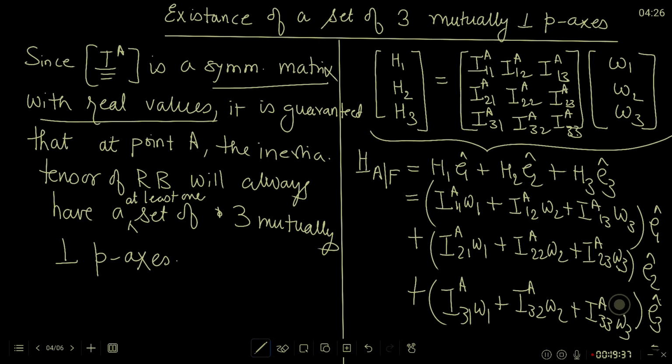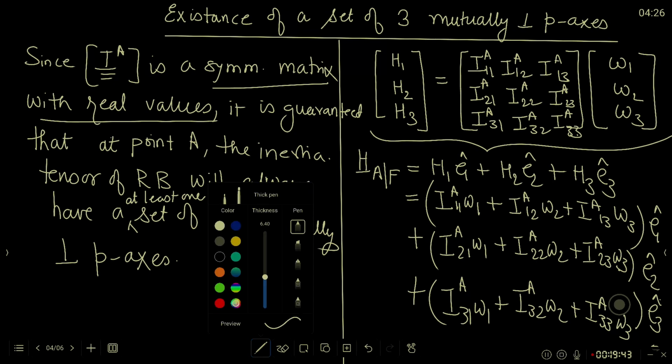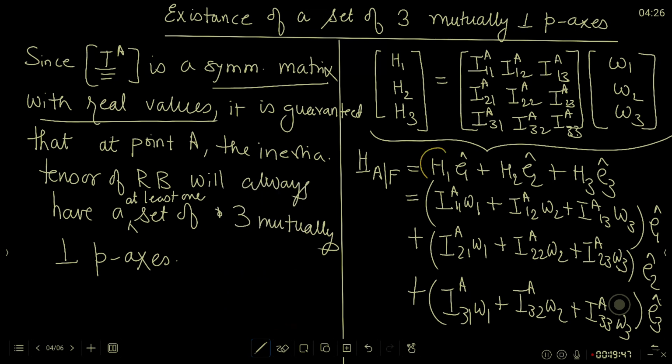In this form, what is happening is that H1, the component of angular momentum along the E1 direction, is dependent on all this bunch of terms. So you have H1 depending on omega 1 as well as omega 2 as well as omega 3.